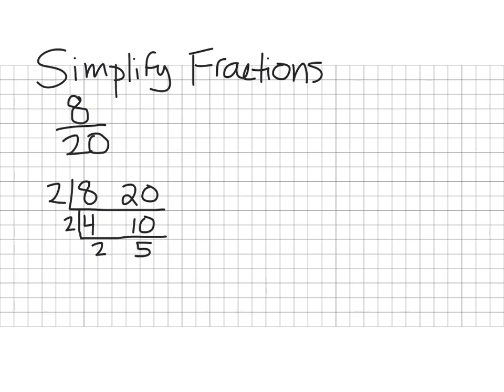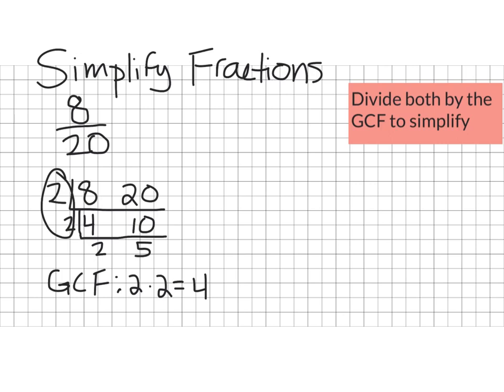So when we're simplifying fractions, this time we're trying to think about greatest common factor, which in this case would be those 2s. So my GCF is 2 times 2, or 4. So to simplify my fraction, we need to divide both the numerator and the denominator by the GCF.